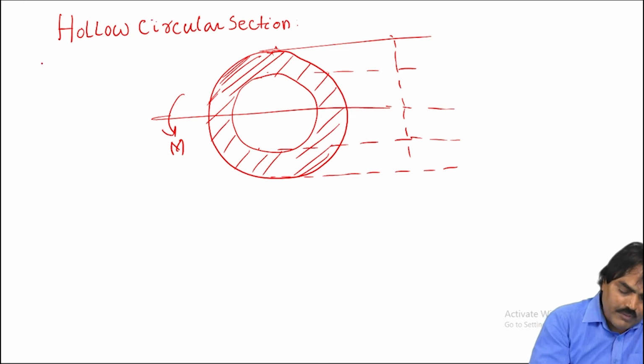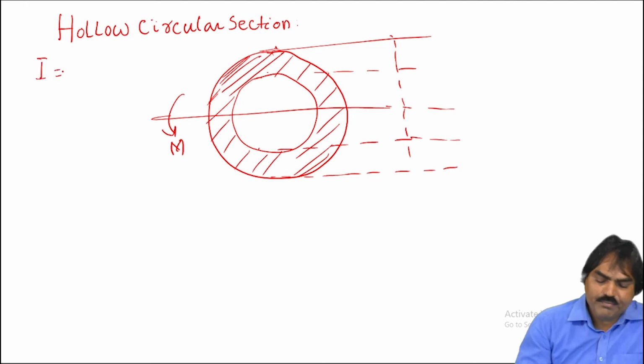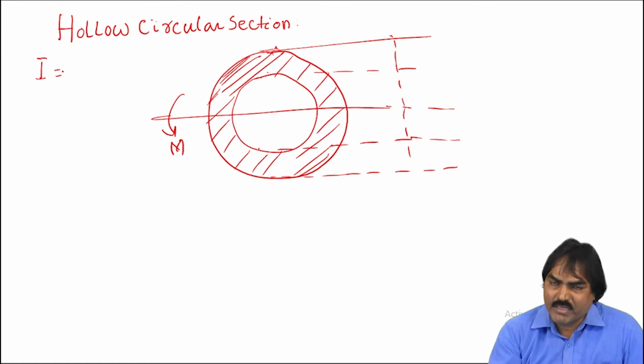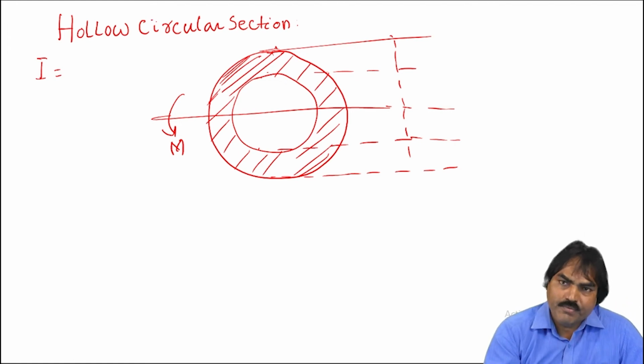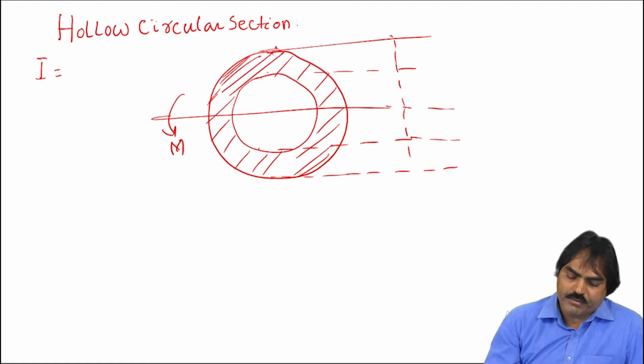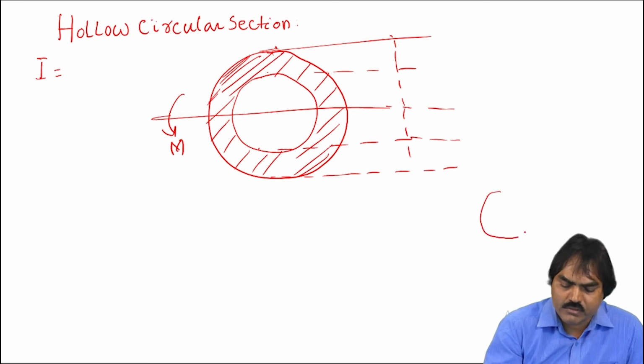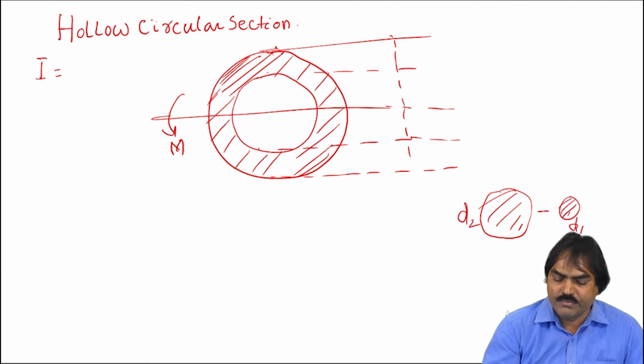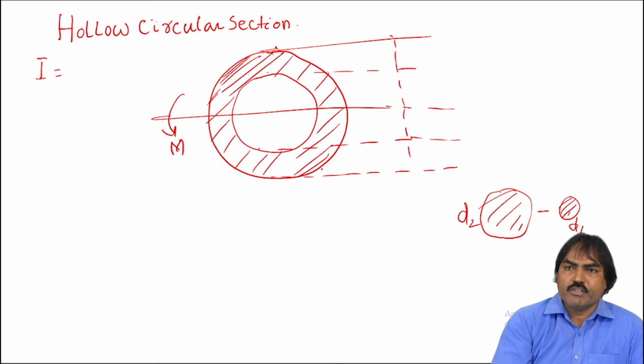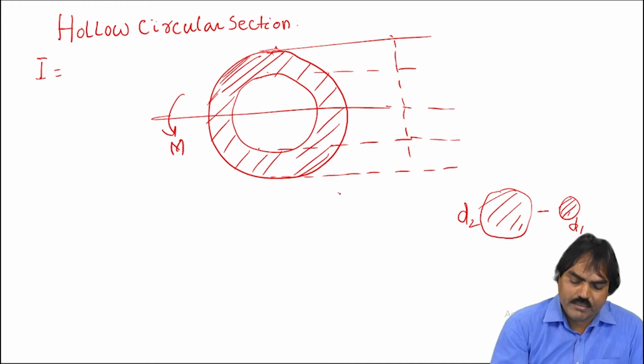Now, the I value for this is given by, because the hollow section is nothing but, if you remove the smaller section from the bigger section, we'll get a hollow section. Say like this. This is one solid section, bigger section of diameter D2, minus one more small solid section D1. This will result in the hollow section, which I am showing here.